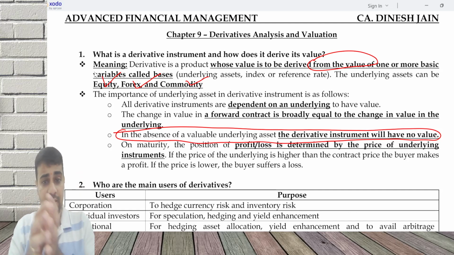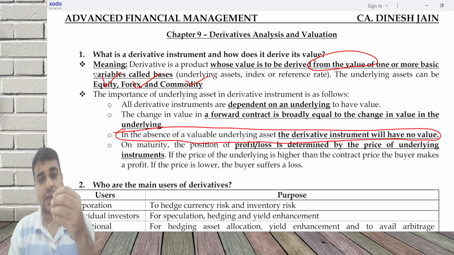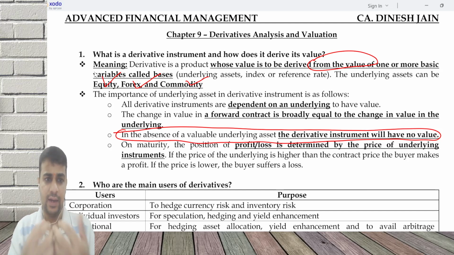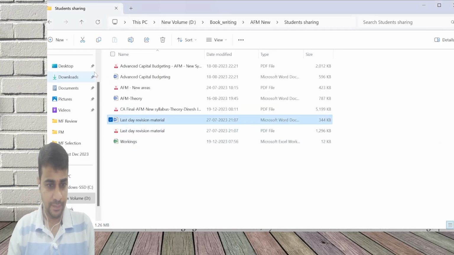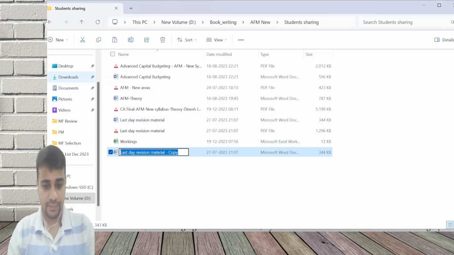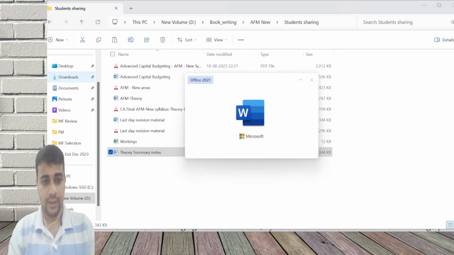Now from this chapter onwards, I'll also give some notes for you to write, because some of you have told me to give notes also. So I'll start giving small summary notes for each question we are discussing, so that the summary notes can help you. So just give me a minute. Theory summary notes.